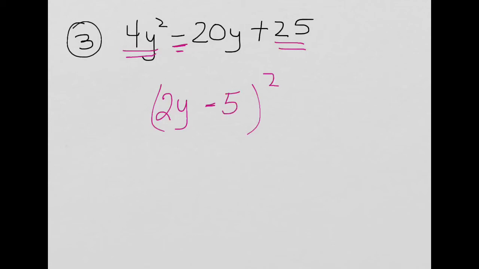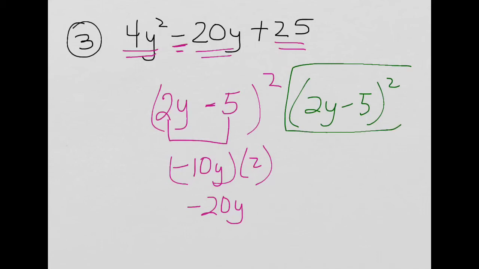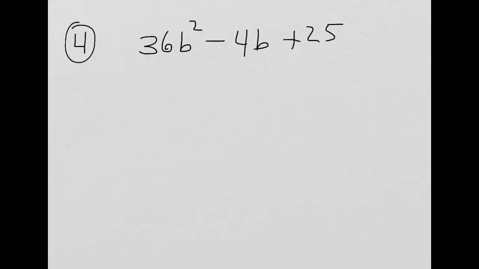Now we're going to see if this squared creates the trinomial. So we're going to do 5 times 2y, which is going to give us negative 10y, and we're going to double it, which gives us negative 20y. So that is the answer. It'll be 2y minus 5, squared, is the factored version of that trinomial.